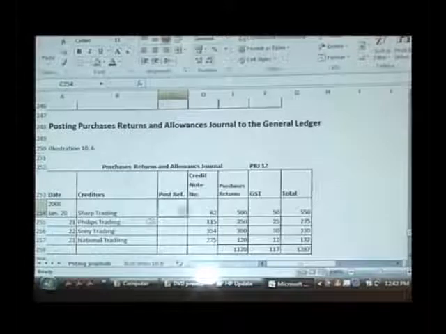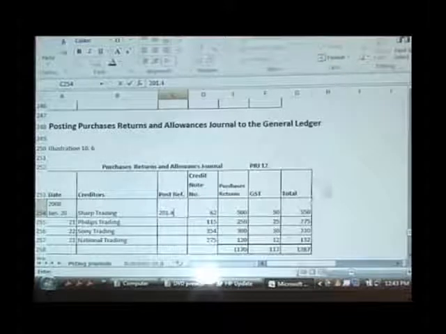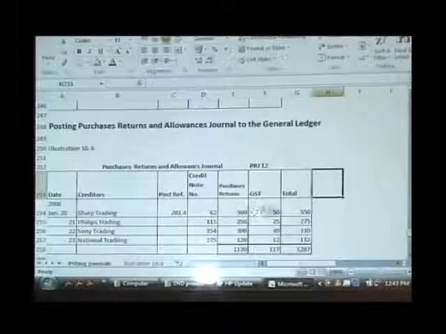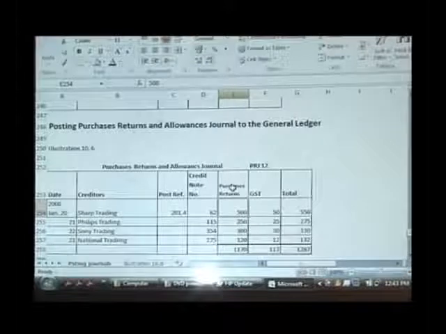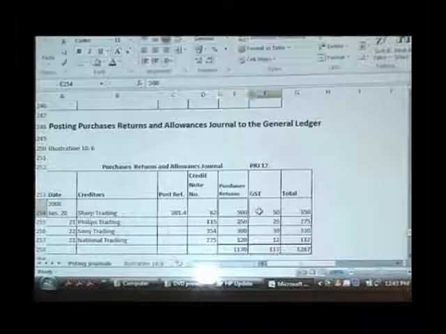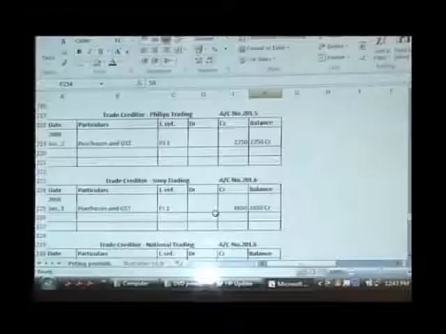So then Sharp Trading account number is 201.4 and the amount is 550. 550 consists of purchases returns and GST. So we can post the total amount to the Sharp Trading account.